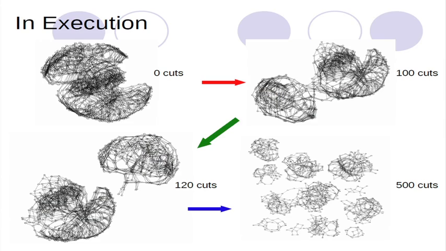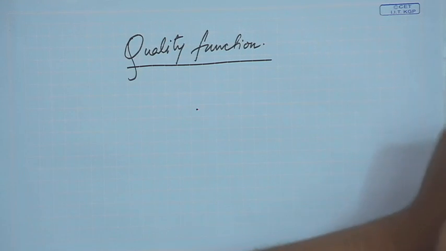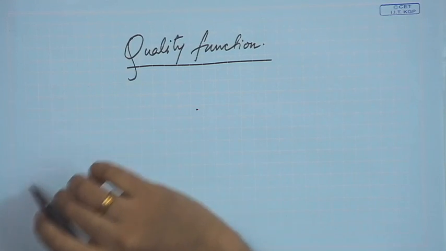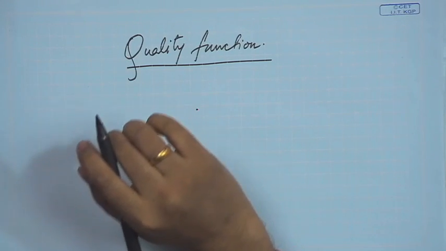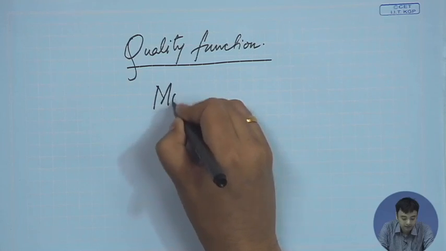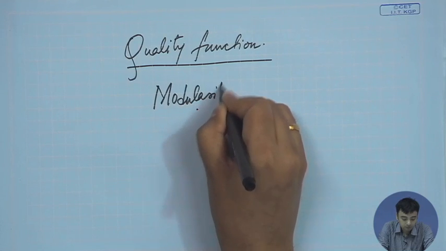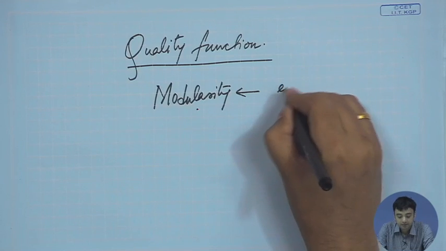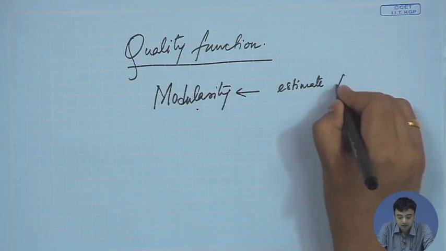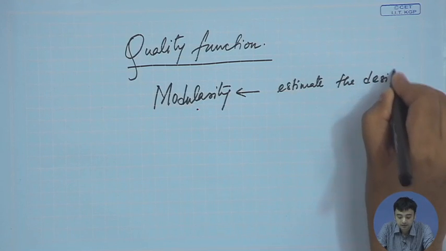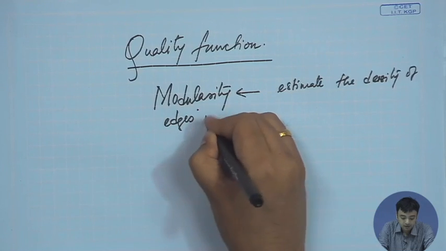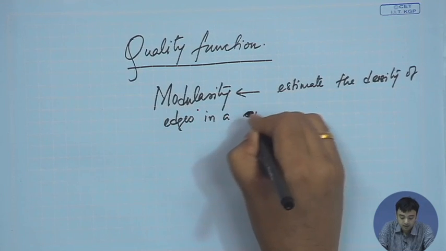So, quality function can be defined in various different ways, but one of the earliest and very successful and popular ways in which this was defined was by again Girvan and Newman in 2004 in one of their papers, where they defined the concept of modularity, which basically tries to estimate the density of edges in a community.